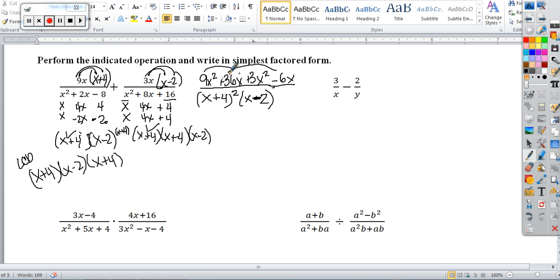So here we get 9 plus 3, that's 12x squared, and then 36 minus 6 is positive 30x over our denominator, which is x plus 4 quantity squared, and then x minus 2.